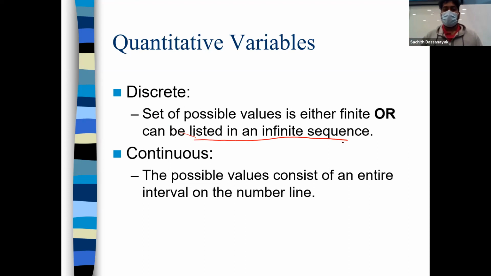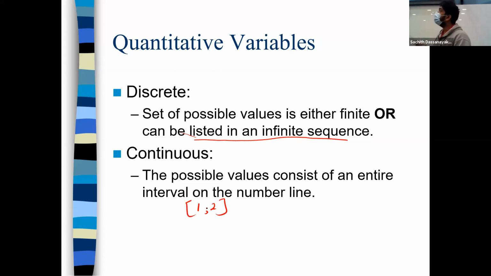And continuous means values where we cannot show all the values within that range. For example, values in the range between 1 and 2. Within this range we cannot show all the values like 1.1, 1.2, 1.115. Clear? We cannot show all the values, 1.99999.